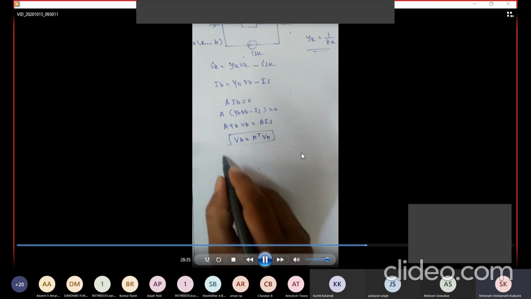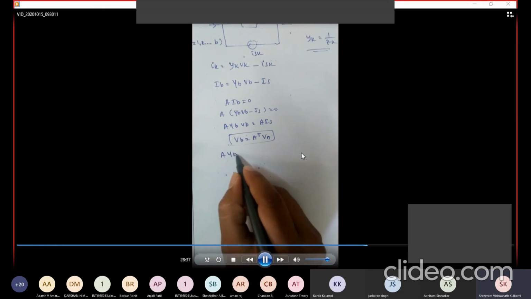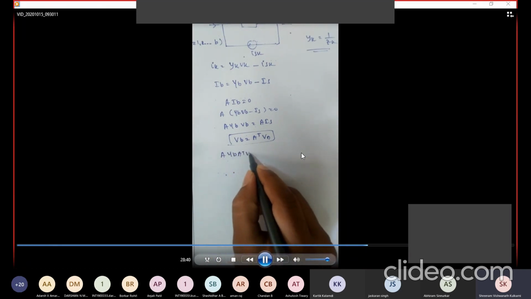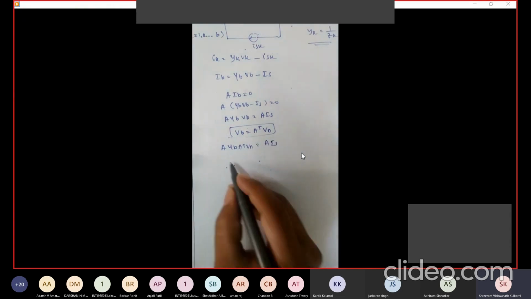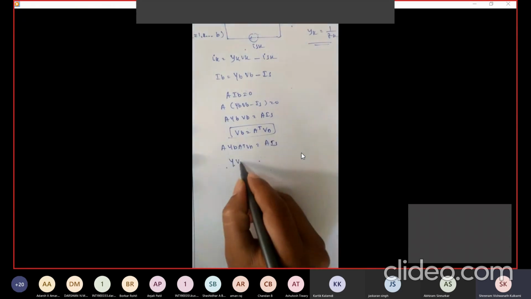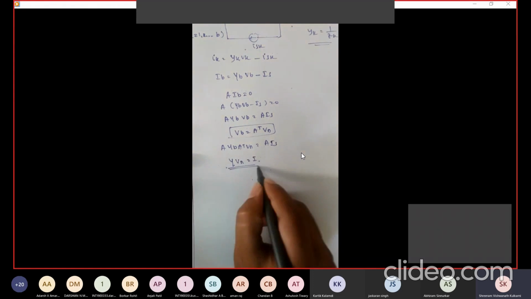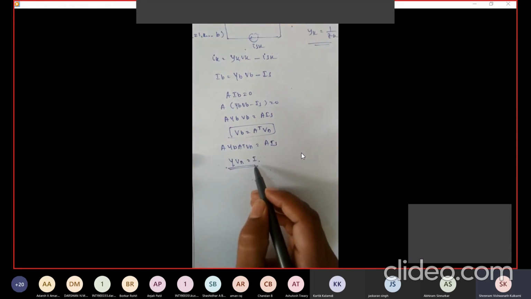If I insert this, A YB A transpose Vn equals A into IS. Then Y into Vn equals I, correct?